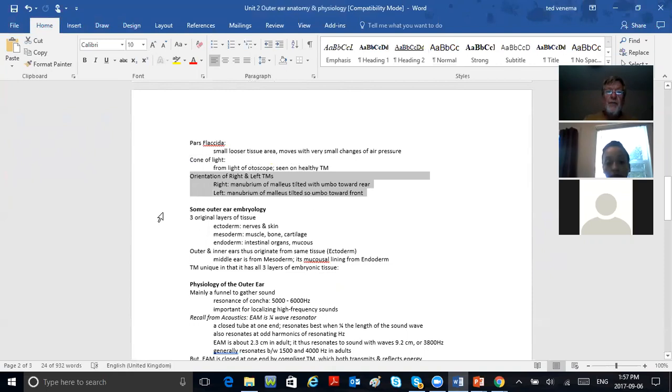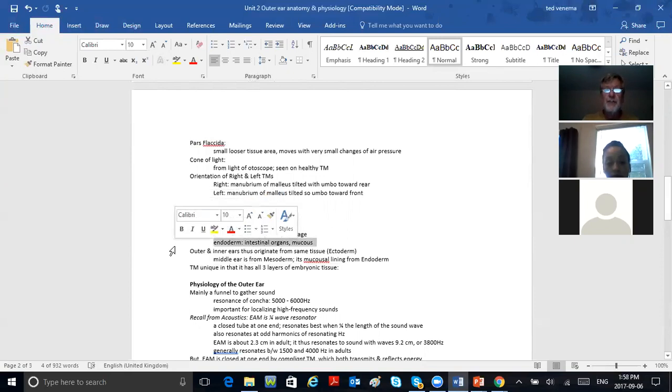Now the eardrum is unique, and I'll just kind of say this. It is unique in that it has all 3 original embryonic layers of skin. Just after gestation, the embryonic disc from the union of a father's sperm and a mother's egg, when conception begins, you've got 3 layers: ectoderm, mesoderm, endoderm.